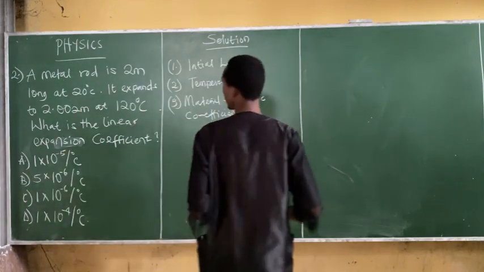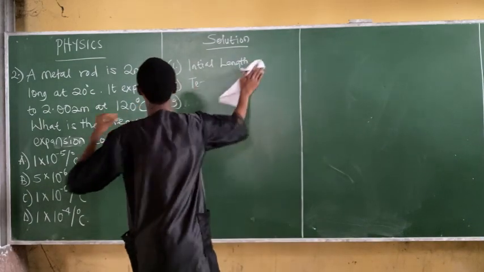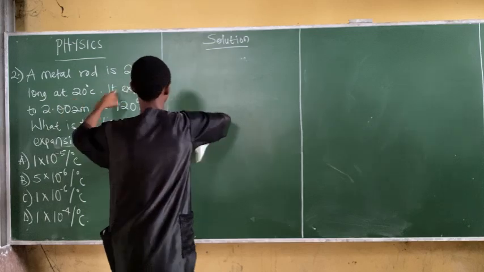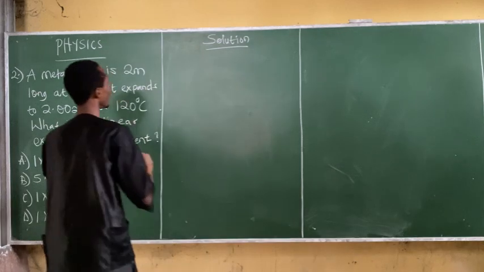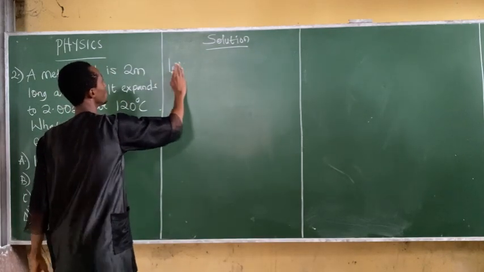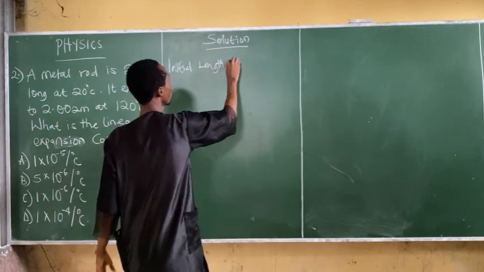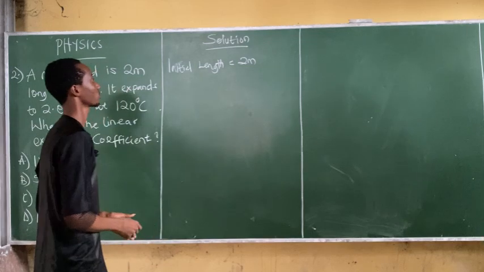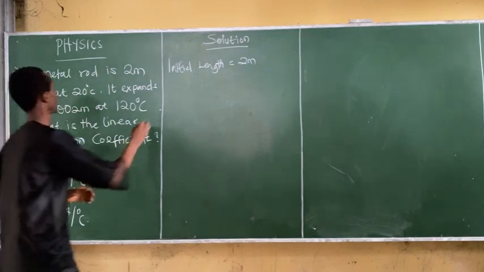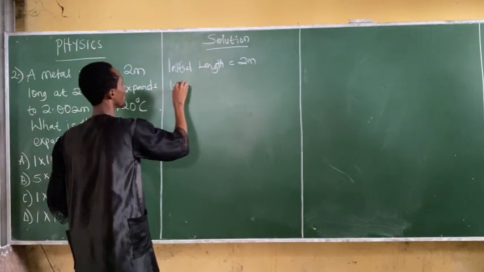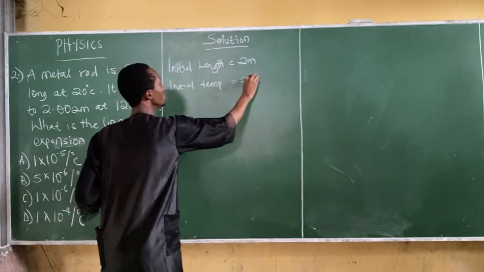Now, from the question, we are given a metal rod of 2 meters long. So they gave us the initial length of the rod to be 2 meters. They say at 20 degrees Celsius, so they give us the initial temperature to be 20 degrees Celsius.